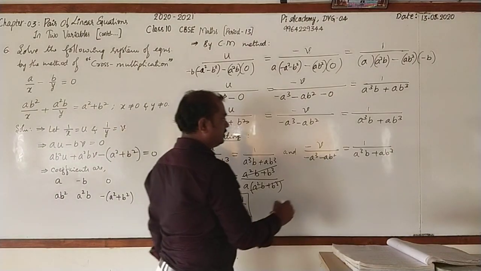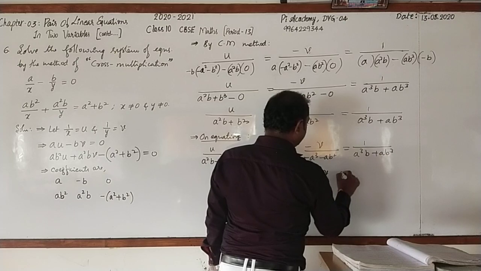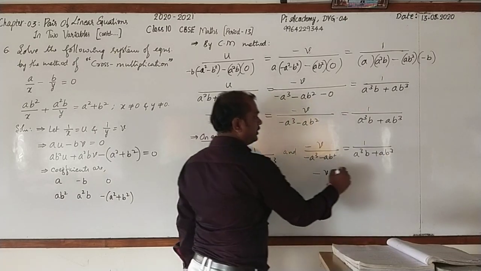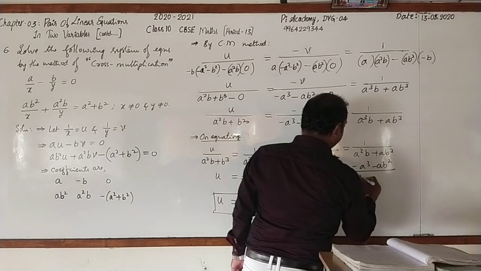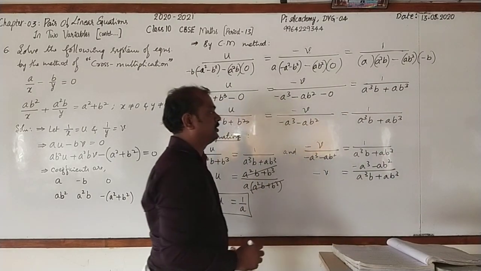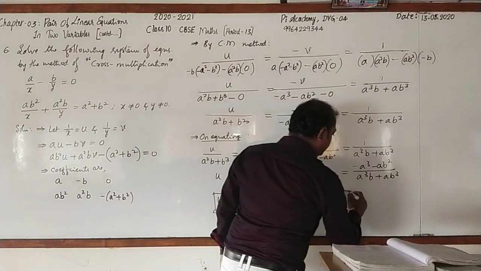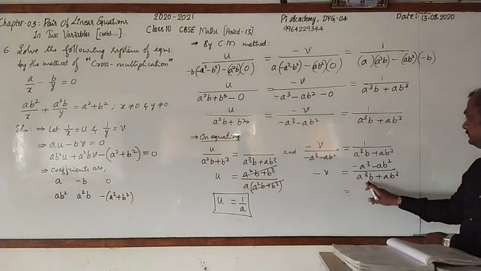Similarly here, let's go for taking minus. Minus v is equal to minus a cube minus ab square by a cube b plus ab cube. Here in the numerator, I will go for taking minus as common factor.